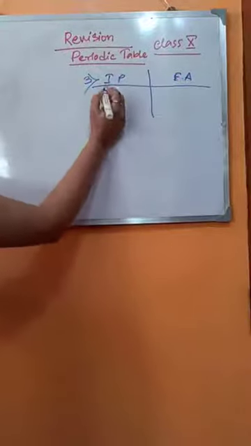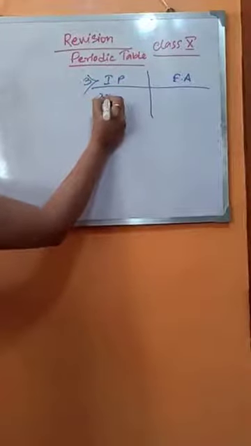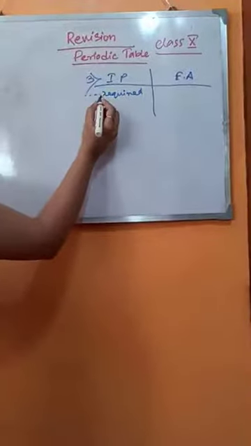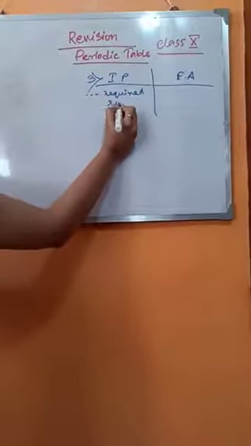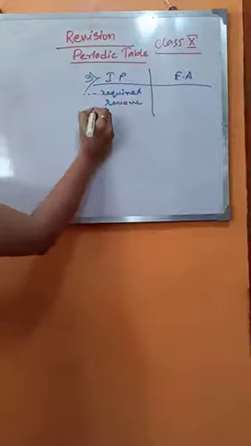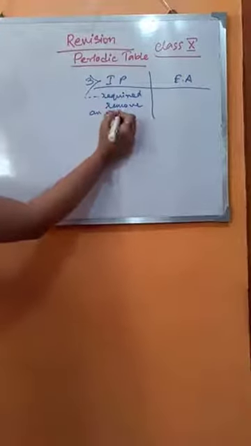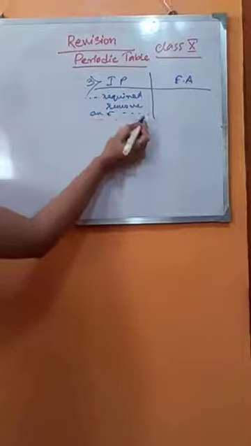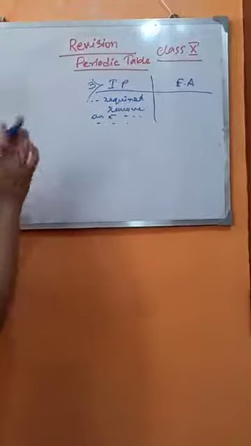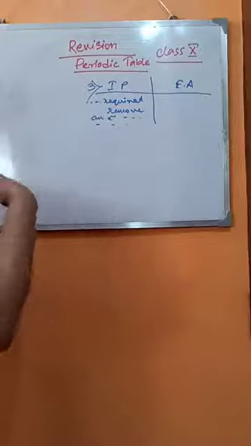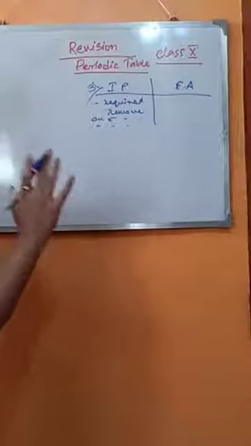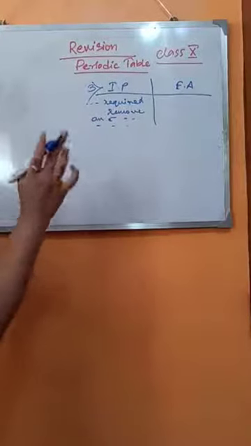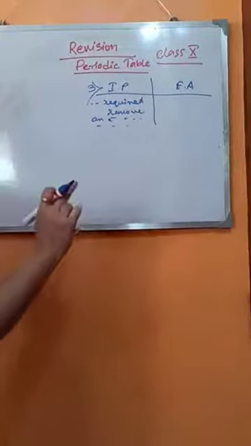Ionization potential is the amount of energy required to remove an electron from the outermost shell of an isolated gaseous atom. Means this is the amount of energy which is required to remove an electron from the outermost shell of an isolated gaseous atom. Amount of energy required to remove an electron.